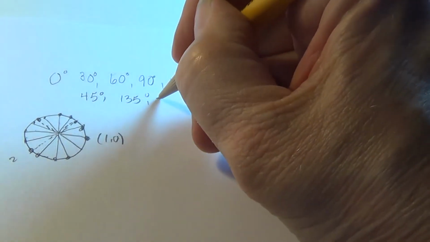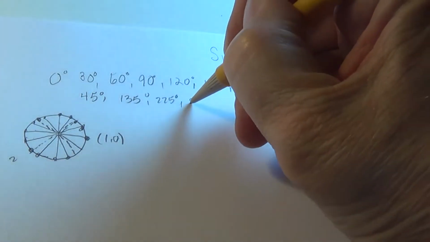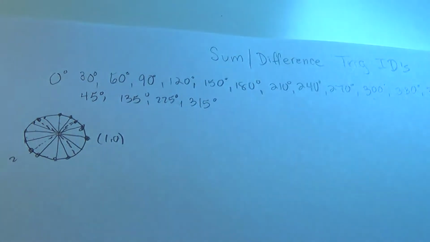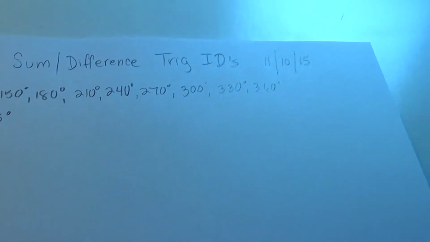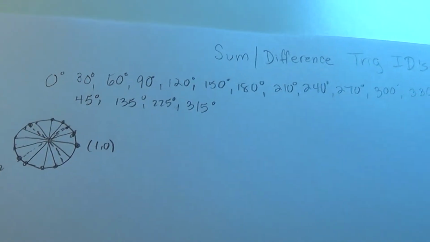And then down here, 225, and over here 315. Alright, so those are all the ones that I know the sine and cosine and any trig function really of.